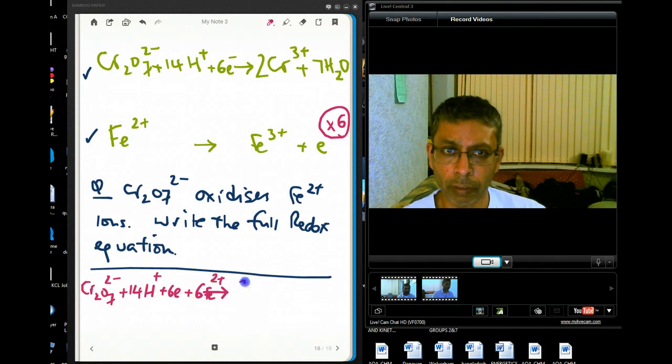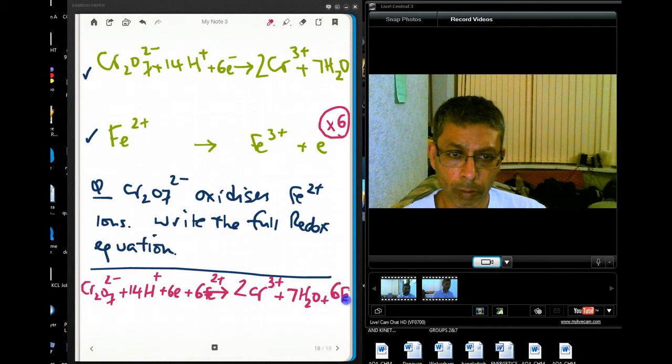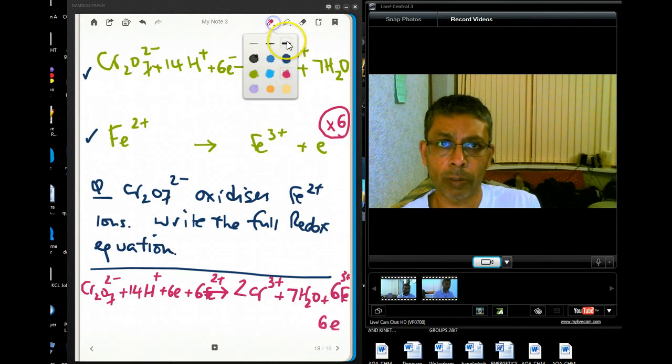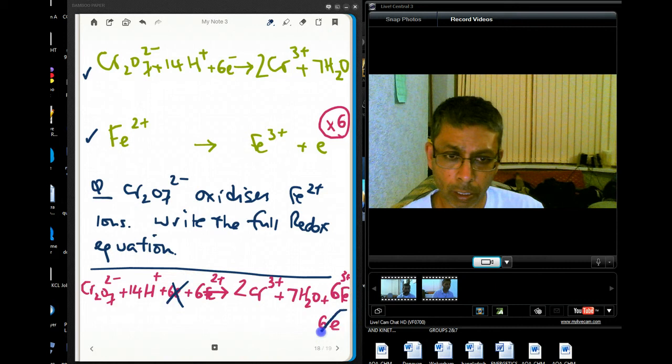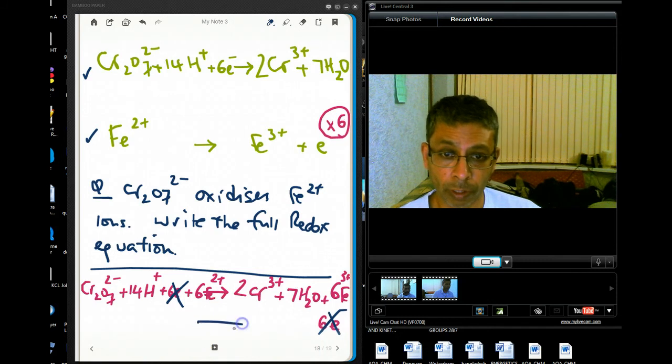On the right I've got 2 Cr3 plus, 7 H2O and 6 of these, there we are. And I've also got 6 electrons. Okay, now I wrote them because you can see now that the 6 electrons are going to cancel. So no electrons in my final equation, and that's fine. So that is my full redox equation.